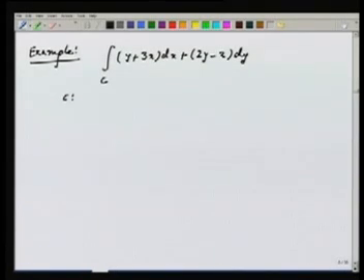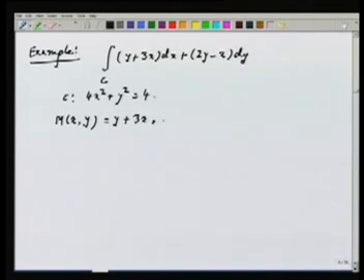C is the curve 4x^2 + y^2 = 4, that is, it's an ellipse. Over this curve, I am looking at the integral. So to apply Green's theorem, let me assume that m(x, y) = y + 3x and n(x, y) = 2y - x.